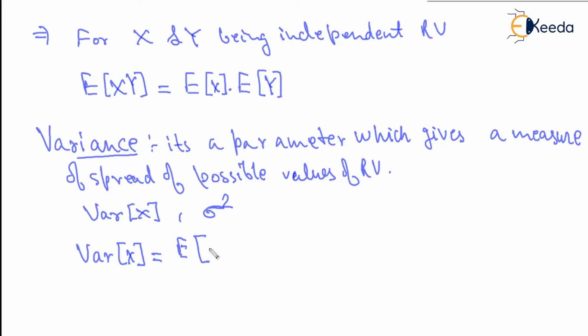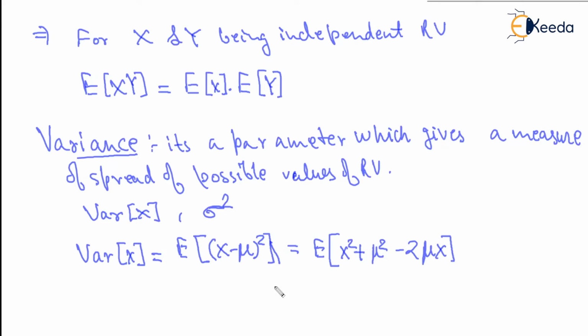So this is E of x minus mu square. If you expand, this can be written as x square plus mu square minus 2 mu x.